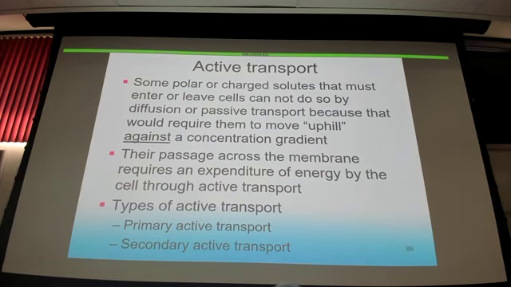For facilitated diffusion, there's no energy used. The lipid soluble molecule has to fit into this transporter. Yes, in this case, it has to fit into this.